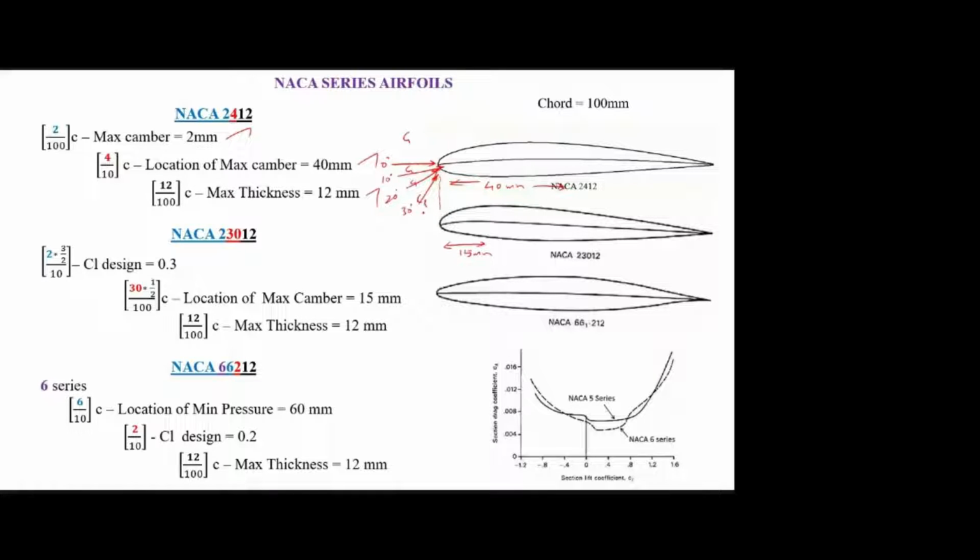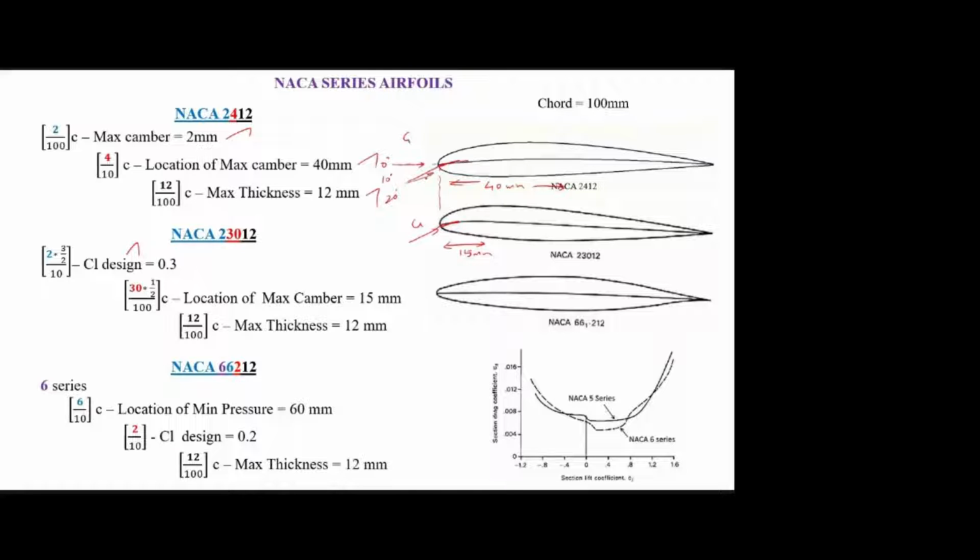If the angle of attack is increased, CL also will increase, CD also will increase. And this CL means, whenever the flow is tangent to the leading edge of the camber line, the corresponding CL is called CL design. Is that clear?